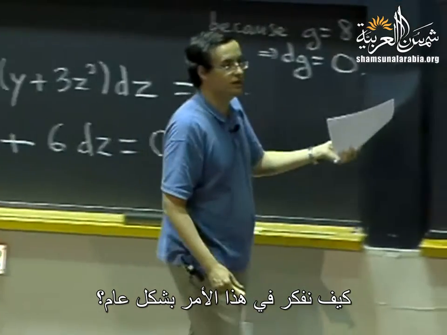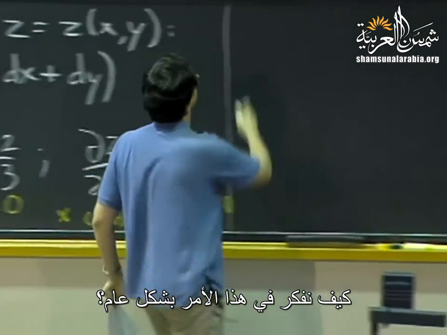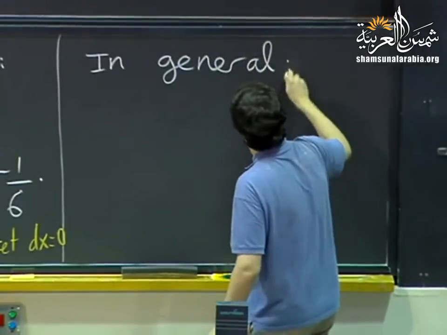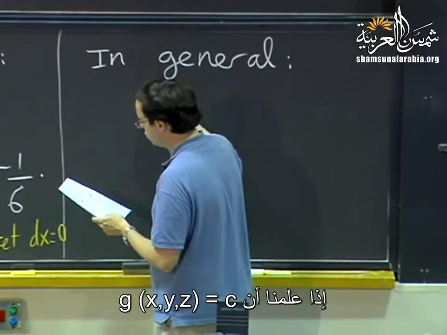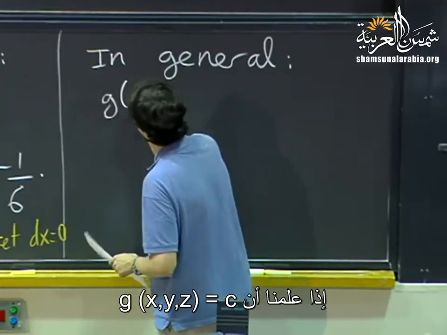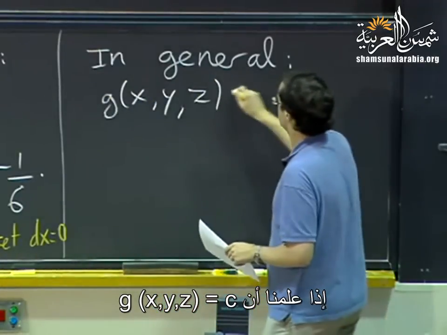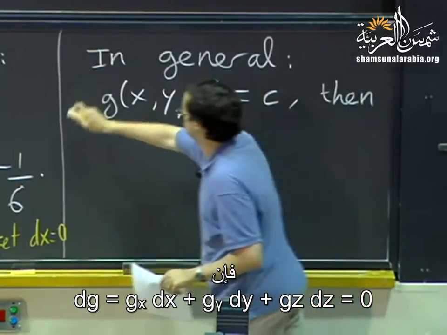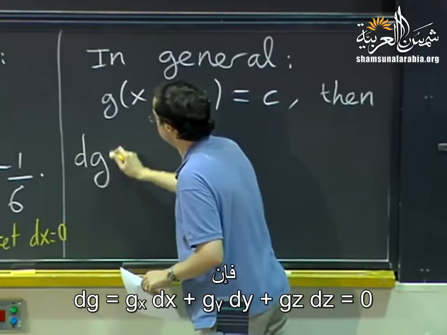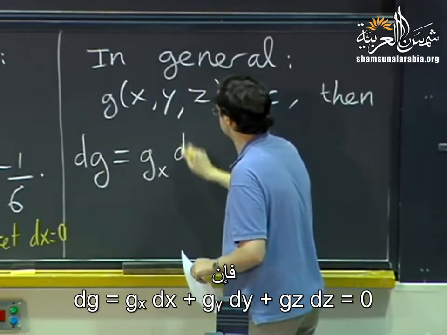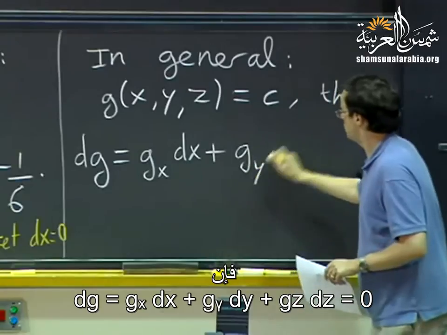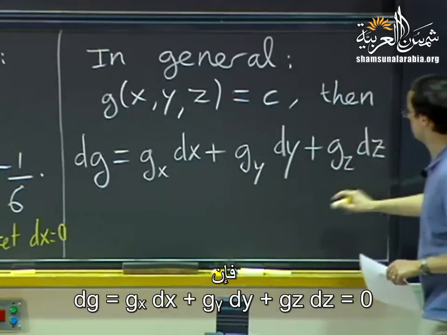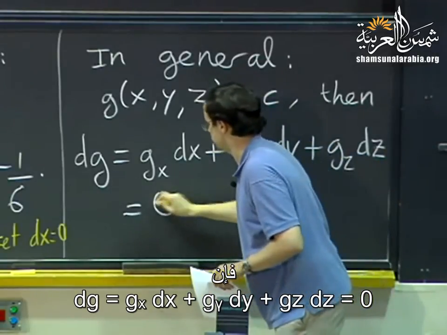Okay. So how do we think about this in general? Well, if we know that g of x, y, z equals constant, then dg, which is g sub x dx plus g sub y dy plus g sub z dz should be set equal to 0.